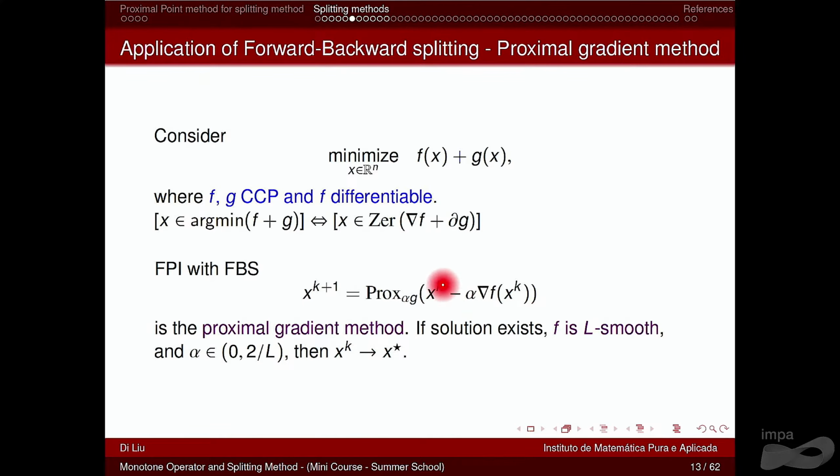So first, we calculate the forward step. The forward step is just the gradient descent step of f, and then we calculate the resolvent of B, which now is the subgradient of g. I think I can write it here, it's better.